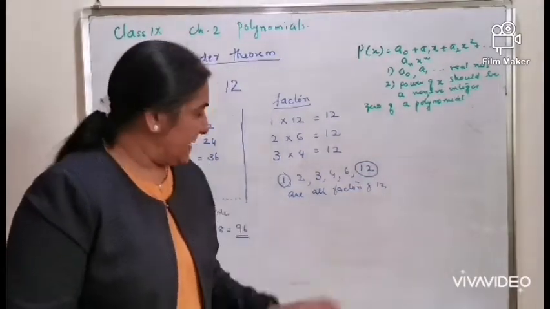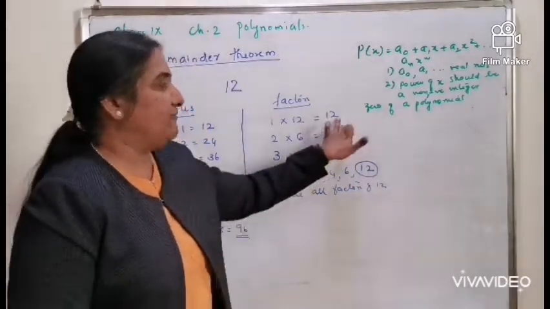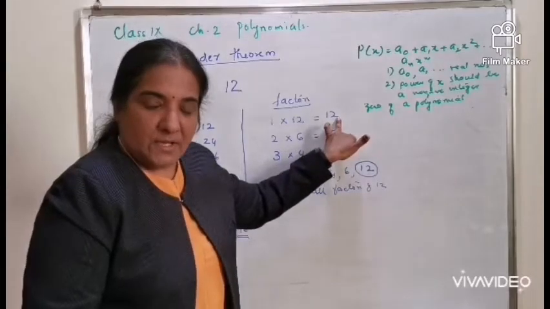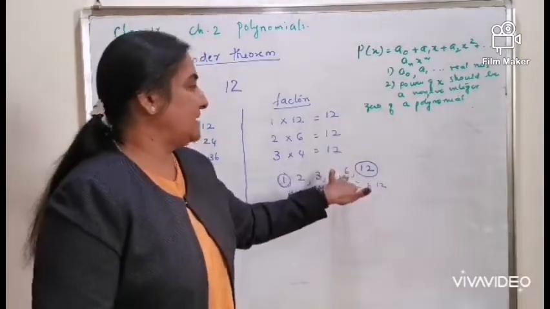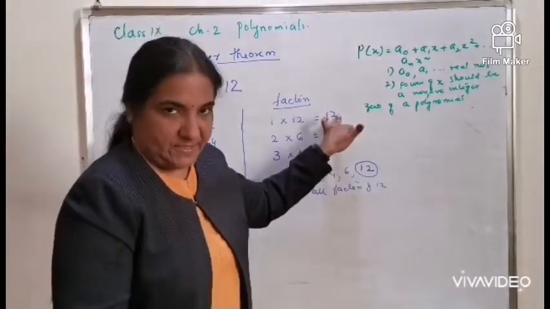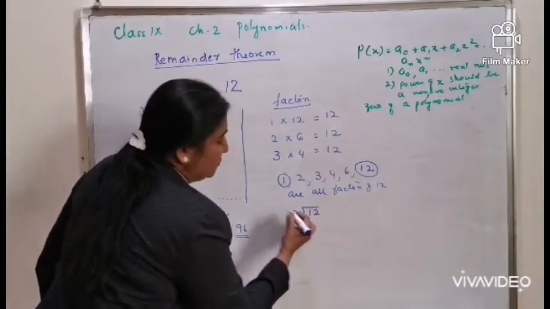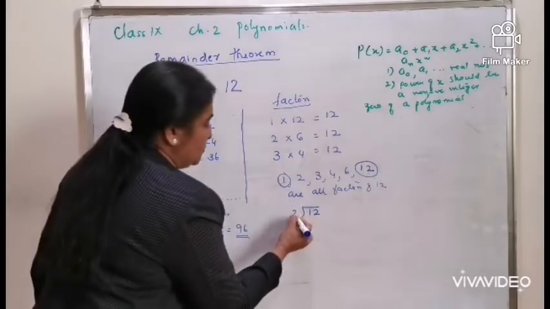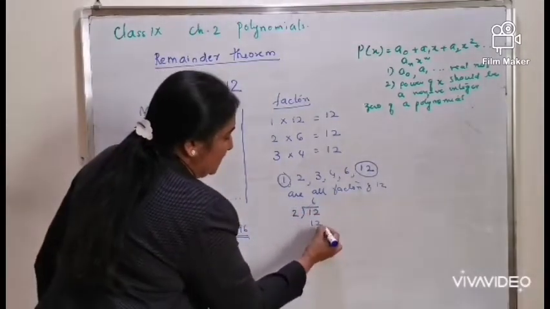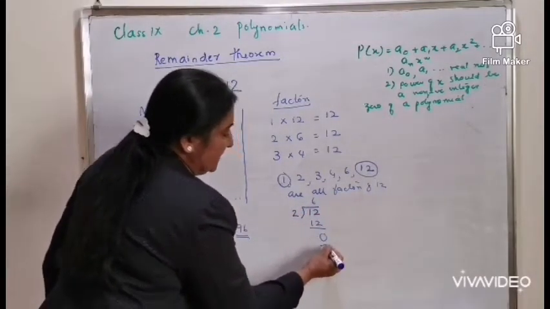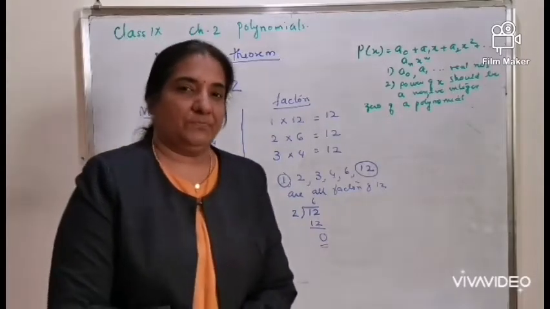How can we say that 2 is a factor of 12? How can we say that 6 is a factor of 12? Yes: 12 divided by 2, 2 sixes are 12 and the remainder is 0.